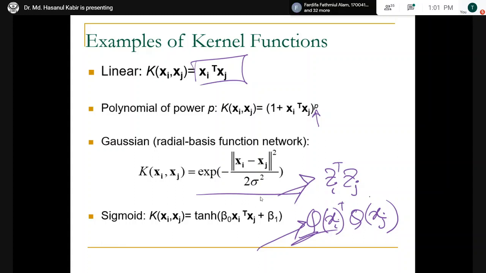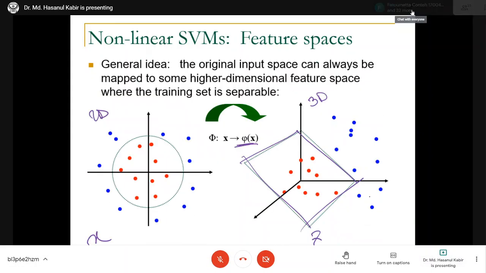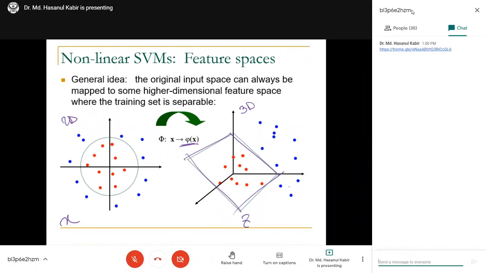That's what we have said in this particular figure. From the point of Z, we have to compute Z transpose Z, which is linear. That's why here you will see that this decision boundary is a linear one. But if you look at the same decision boundary in the X space, it will look like this.